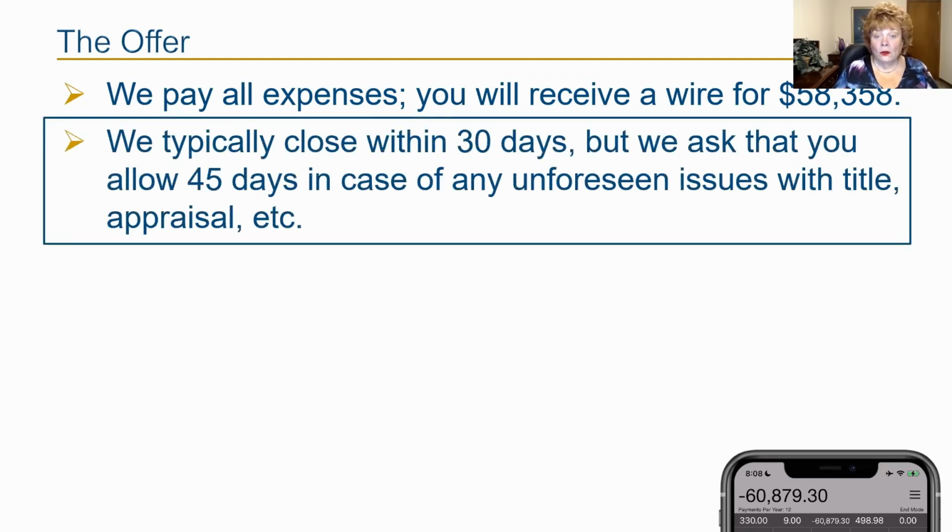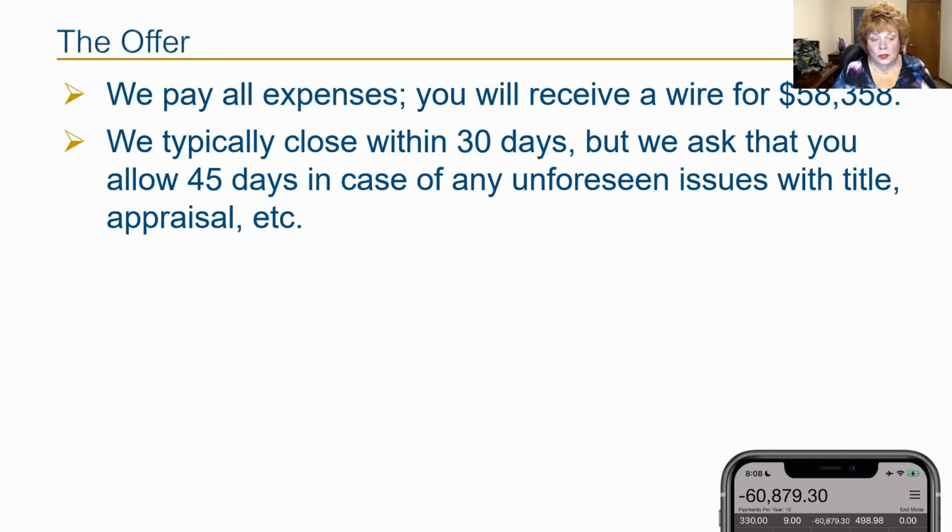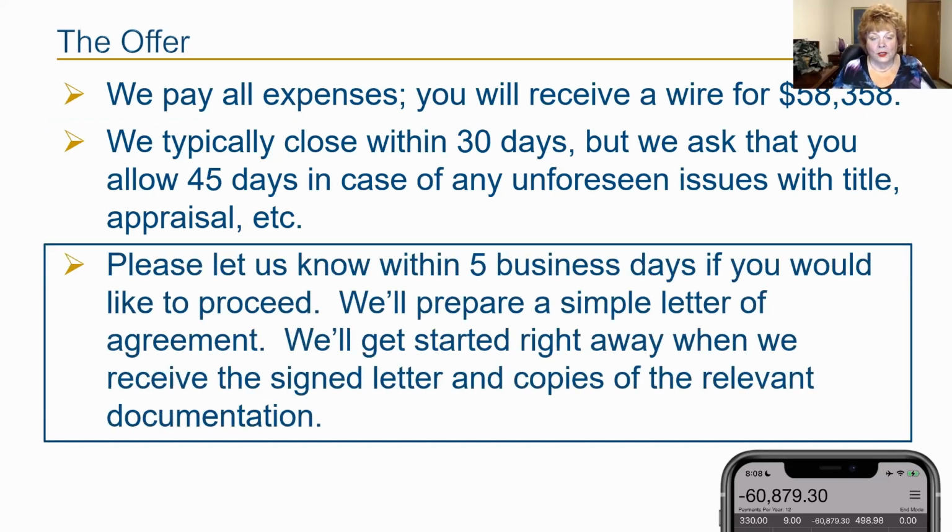We typically close within 30 days, but we ask that you allow 45 days in case of any unforeseen issues with title, appraisal, etc. Please let us know within 5 business days if you'd like to proceed. We'll prepare a simple letter of agreement. We'll get started right away when we receive the signed letter and copies of the relevant documentation.